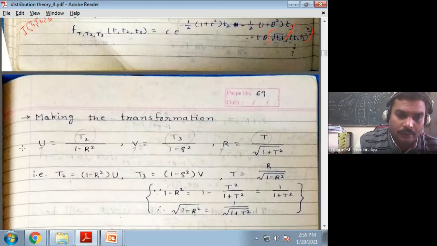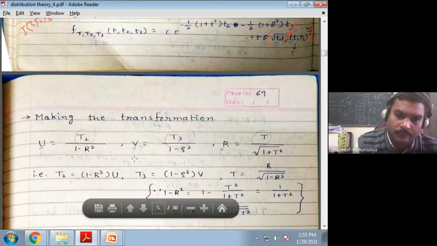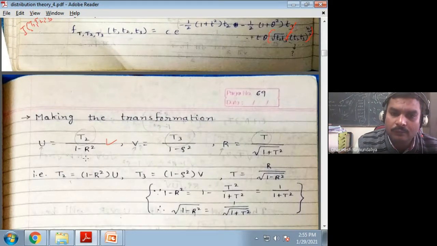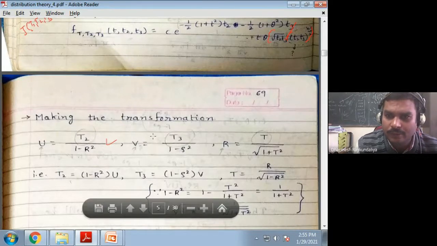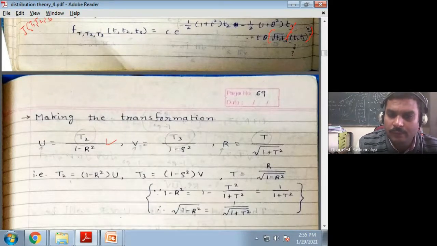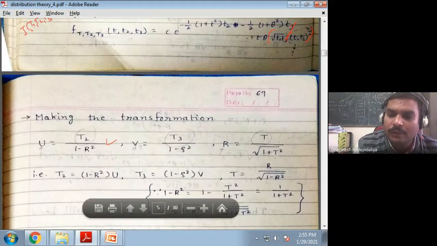Okay, so now you have T2, T3. So now you are applying another transformation, UVR, where U is equal to T2 by 1 minus r square, small r. You can say it is capital, there is no issue. V is equal to T3 upon 1 minus r square, and r is equal to T upon root 1 plus T square.